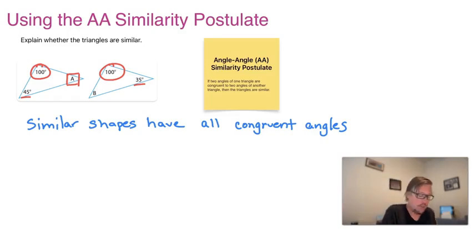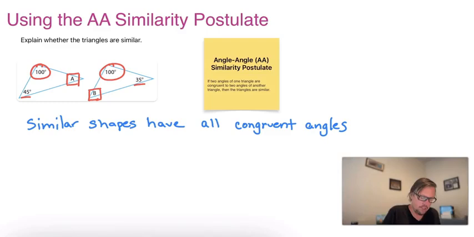Or I could find out what angle B is and see if angle B is 45 degrees. Because if angle B was 45 degrees, then the two triangles would be similar for the same reason. They would have two congruent angles. So I can figure out either one of these. Let's do angle A, just because. Let's figure out what angle A is.